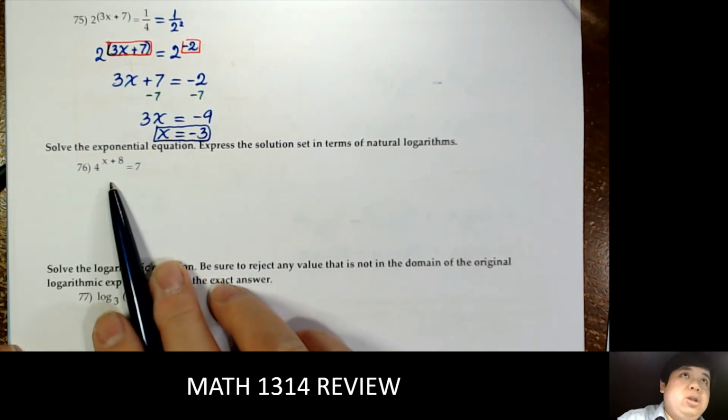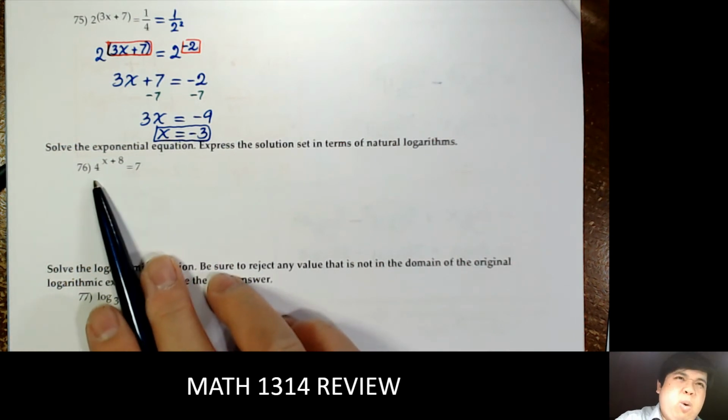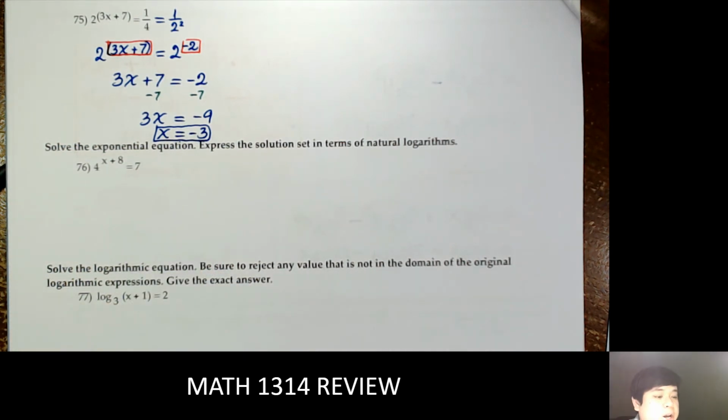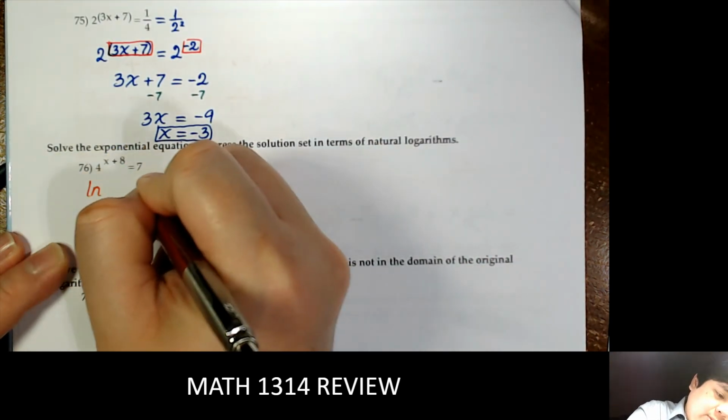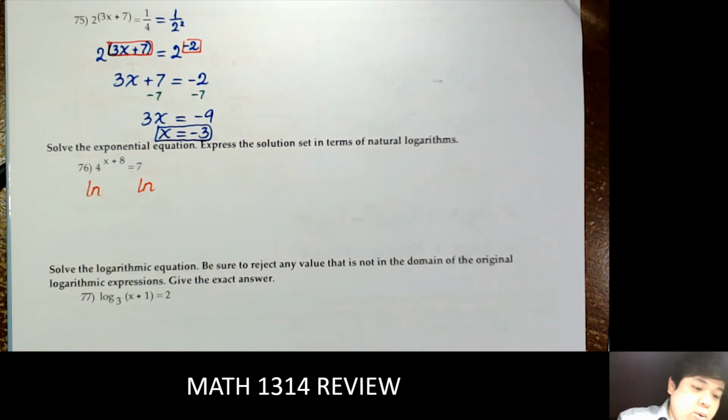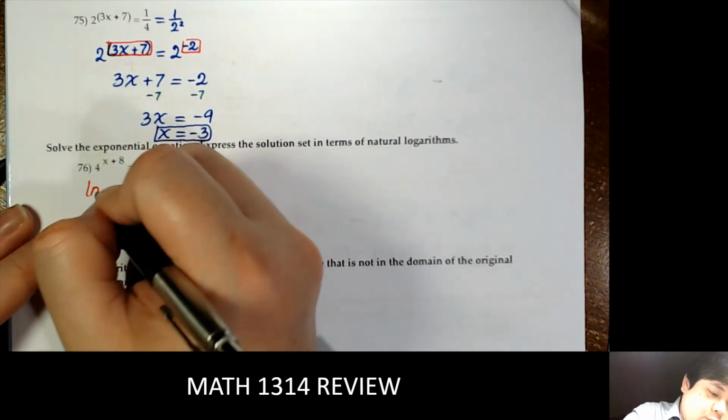Next we have this equation. 4 to the x plus 8 equal to 7. There's no way we can change them to the same base. We could swap this to logarithmic form, or we are going to take ln on both sides. So taking ln on both sides here.